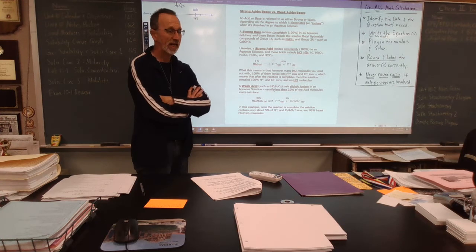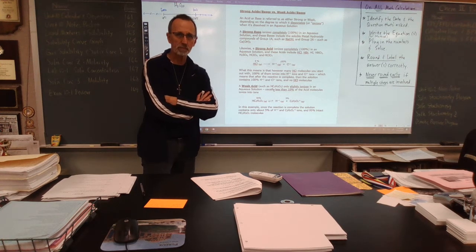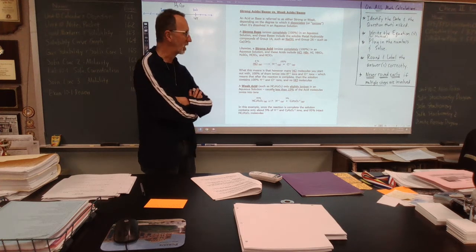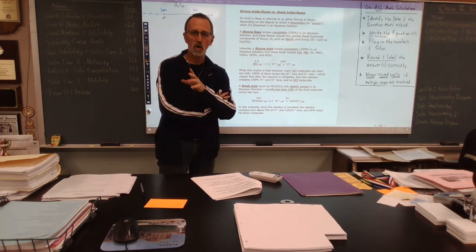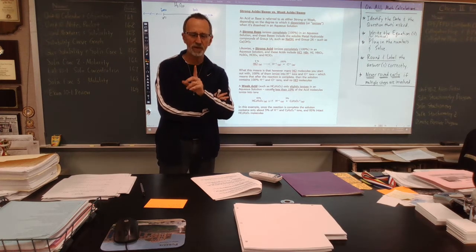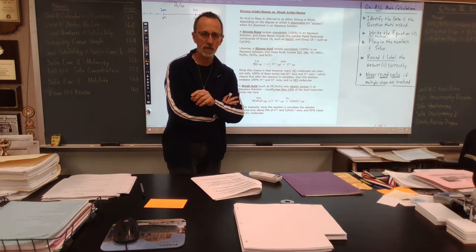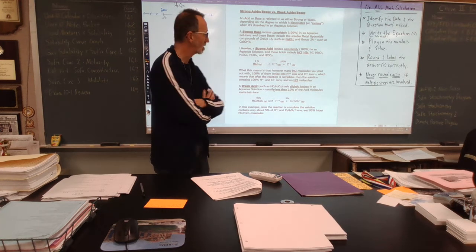A strong base ionizes completely, 100% in aqueous solution, meaning when you dissolve it in water, every last molecule, every one, 100% of them, split apart and ionize into ions, all right?